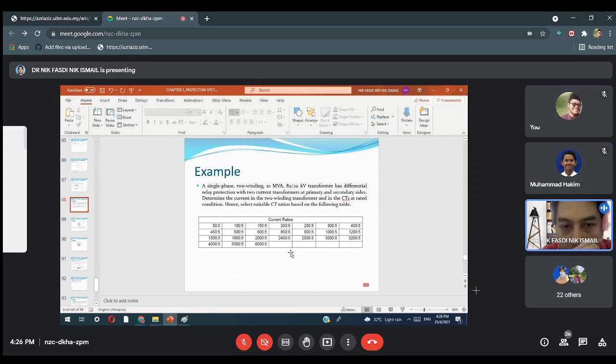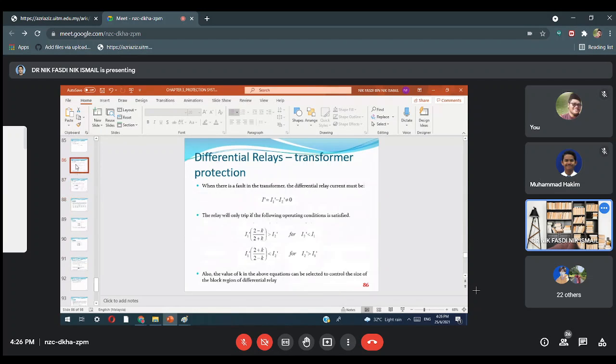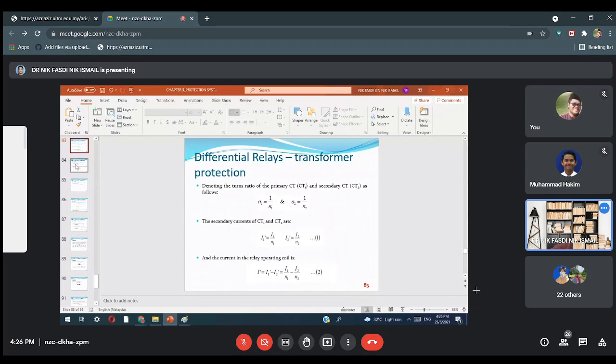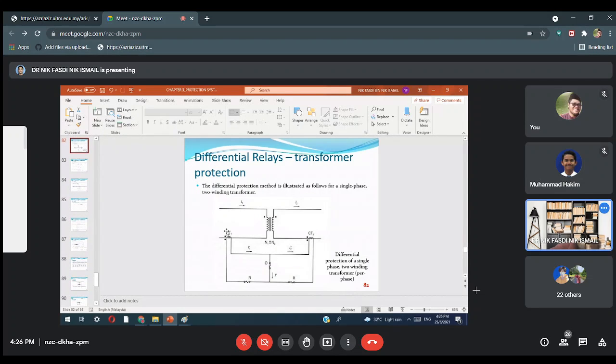Okay, what we have here? We have a single phase transformer, two winding, 10 MVA. Primary voltage is 80, secondary voltage is 20 kV. Use differential relay protection, two current transformers at primary and secondary side. So maksudnya dia base pada yang ini. Inilah two CTs.